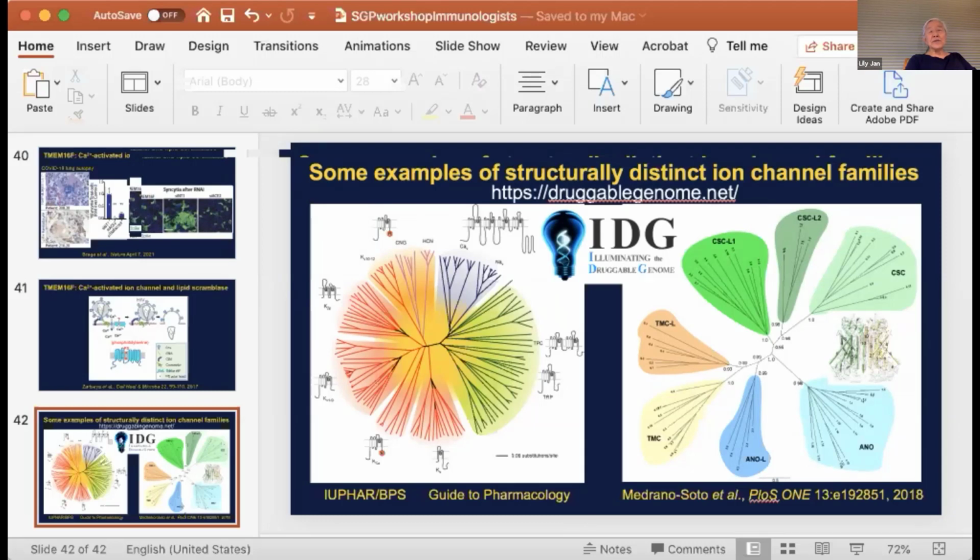Because we started with TMEM16A, that's a calcium activated chloride channel. And there's quite a bit of interest in finding both activators and inhibitors for TMEM16A, because activators conceivably could help with cystic fibrosis, and inhibitors might help with conditions like diarrhea.